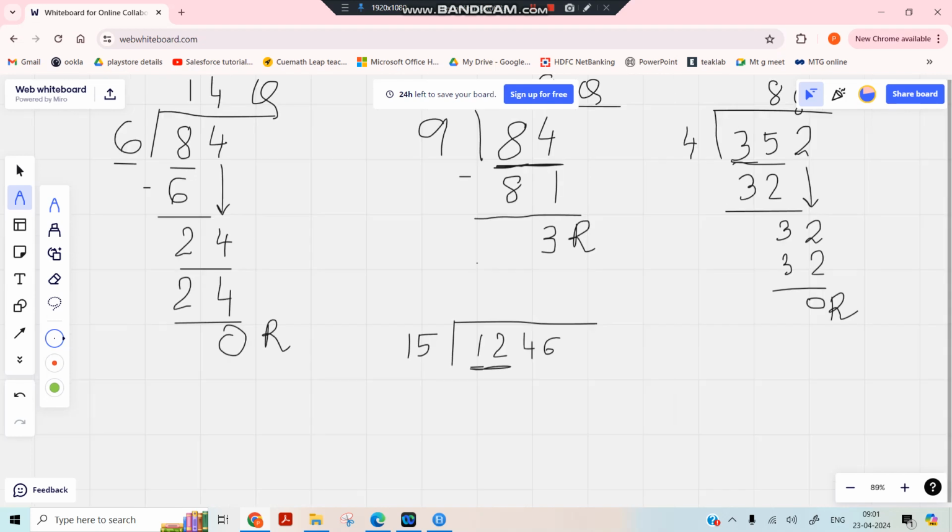In that case, what shall we do? We'll take the first three digits. Now your number is 124. Now we'll check where does 124 come in the table of 50. So 15 times 8 is 120.